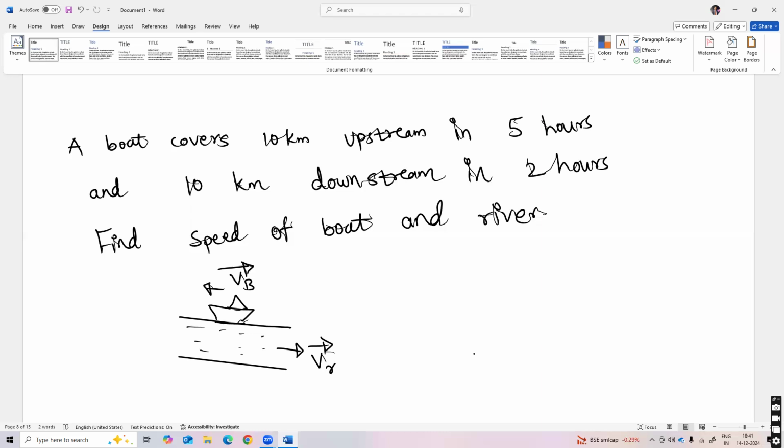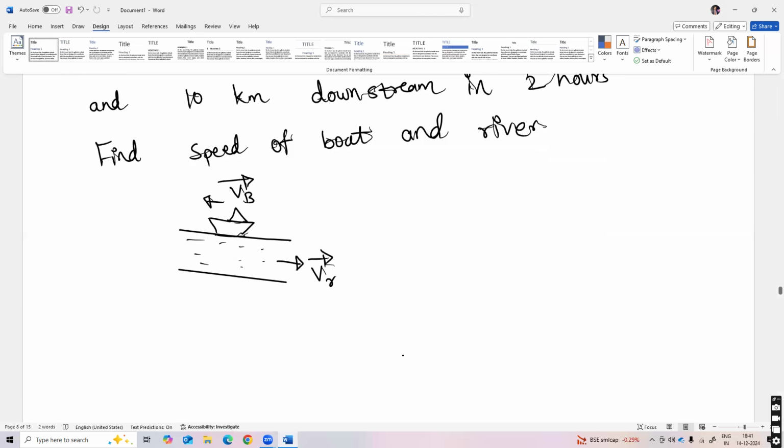Okay, fine. Now you see, if you have a lake, now there is a lake. In this lake, if there is a boat at, let's say, point A, and it goes to point B, you know that the water in the lake is stationary, or it is not moving.